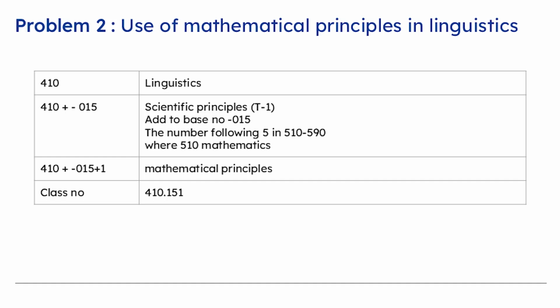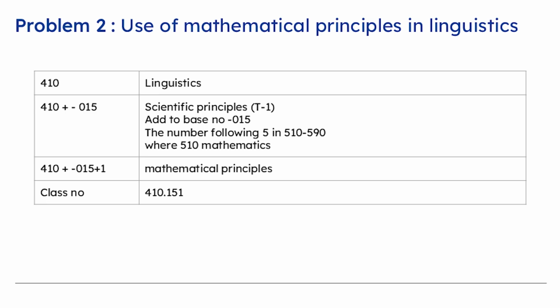Anyway, use of mathematical principles in language. It is not a discussion on mathematical principles, otherwise it would go to the pure science, mathematics. But it is the use of mathematical principles in linguistics. I mean, linguistics is the basic, central item.